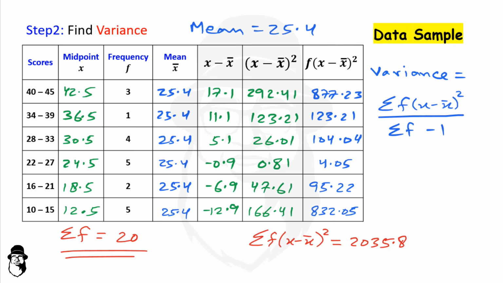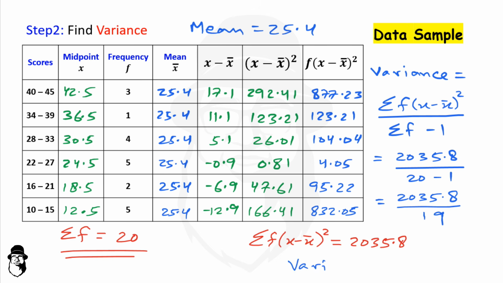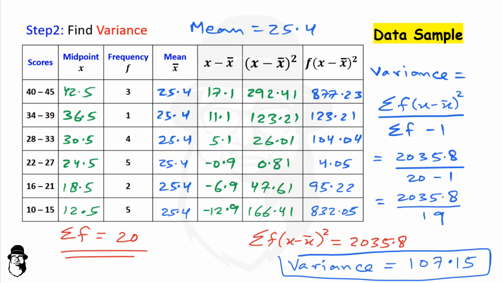So in the numerator we have 2035.8, and in the denominator we have 20 minus 1, that is 2035.8 divided by 19. And when we calculate it on the calculator, it will be 107.15, and that is our answer for the variance.